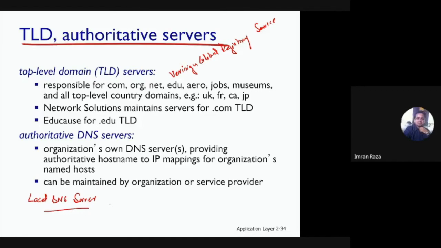So let's try to understand it with the help of a scenario, how our DNS query, either recursive or iterative, is generated and a response is received by the other machine.